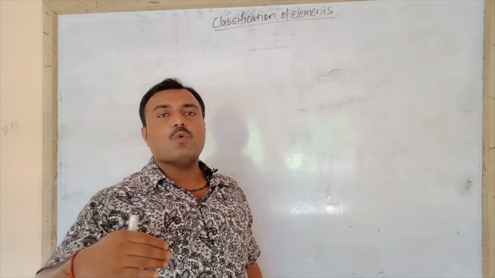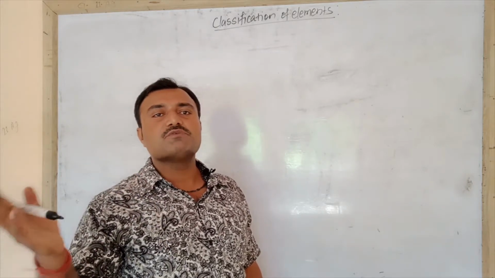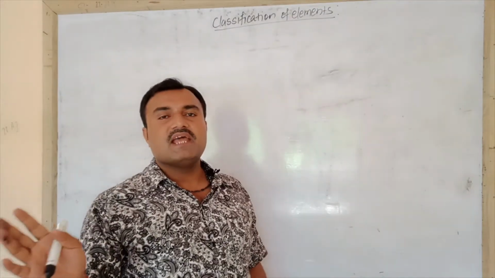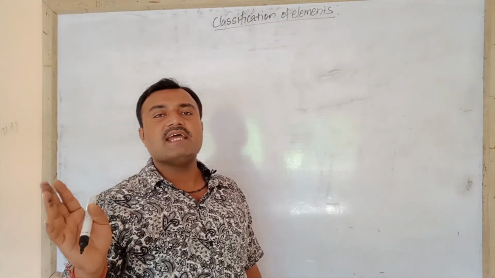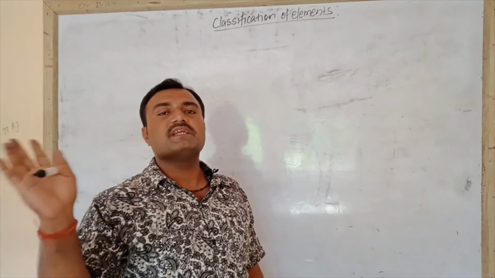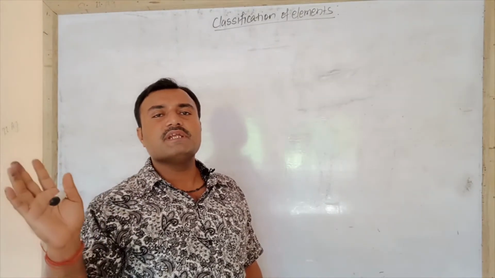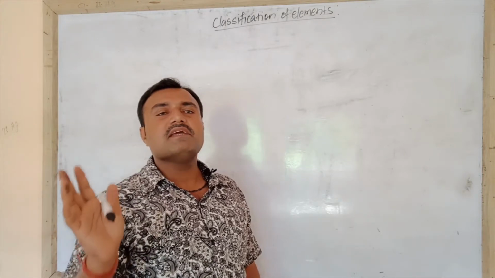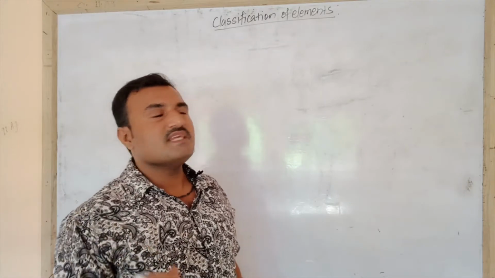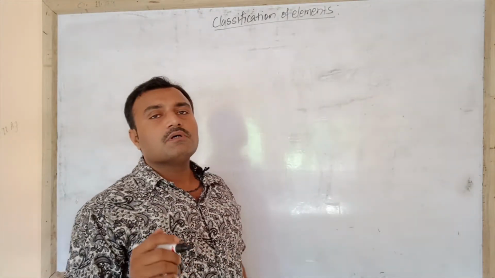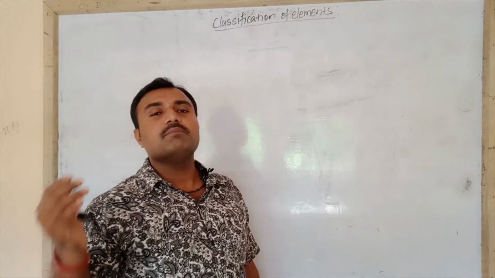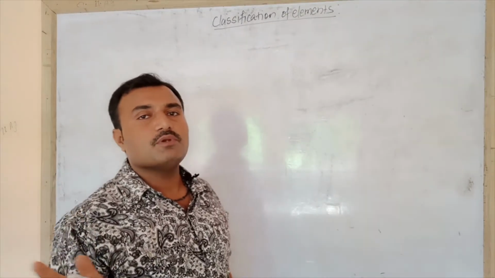After that, when a large number of elements were discovered, it became difficult, and several chemists classified these elements in periodic tables. Several periodic tables are available, and only two are most popular. We mainly discuss the Mendeleev periodic table and the modern periodic table.